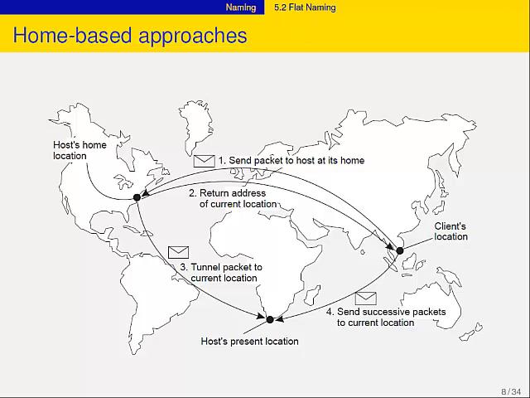Now at the home server, two things happen. The home server takes my packet, and I'm explaining this at the application level, but you can implement this at the network level. It takes my IP packet, puts it as data in another IP packet, but now addressed to the location where I am, which is somewhere over here in South Africa.